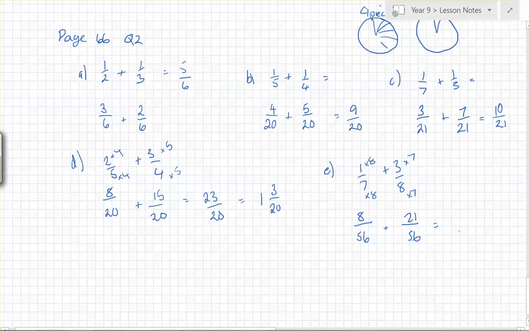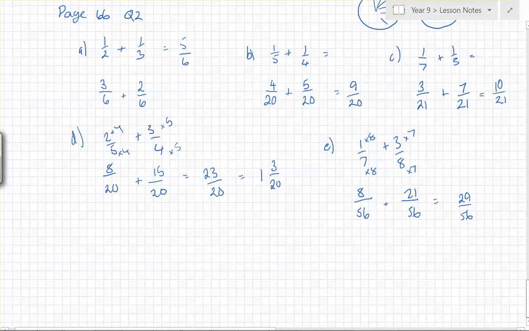No. It would make 29. Good. 29 out of 56. Can you make it any simpler? It shouldn't be able to if that was the lowest common multiple. So 29 is a prime number now. So it can't divide by anything anyway. Okay.